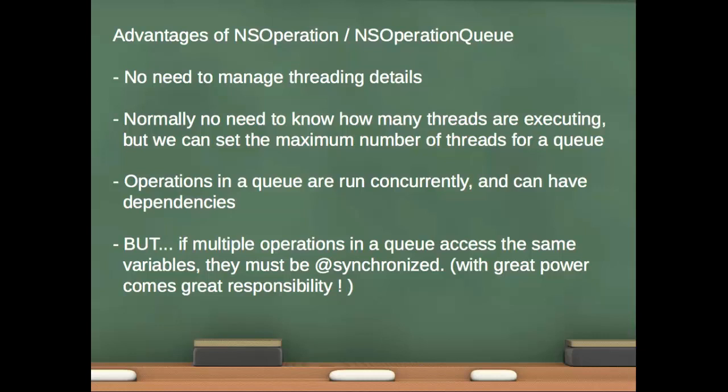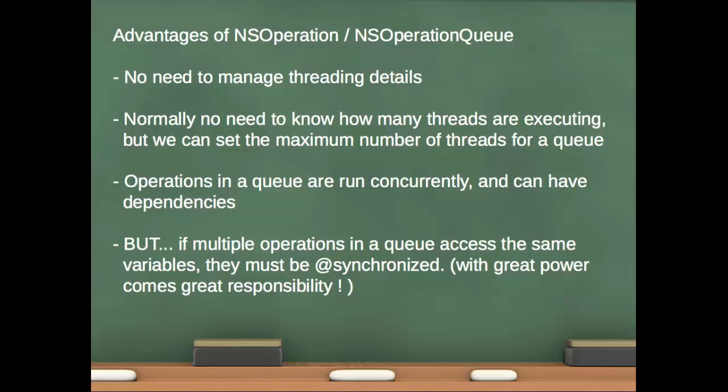But since these things are run concurrently, we must take care that if multiple operations within an NSOperationQueue access the same variables, they need to be synchronized. And they need to be synchronized from one side only.